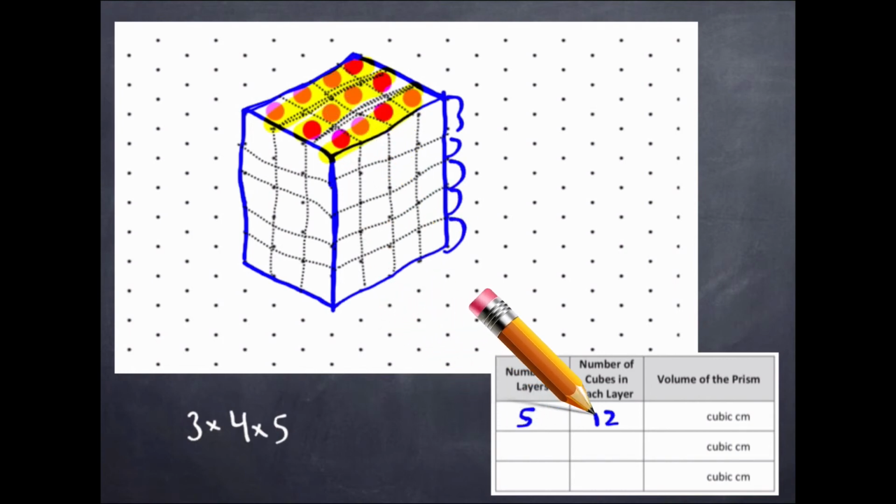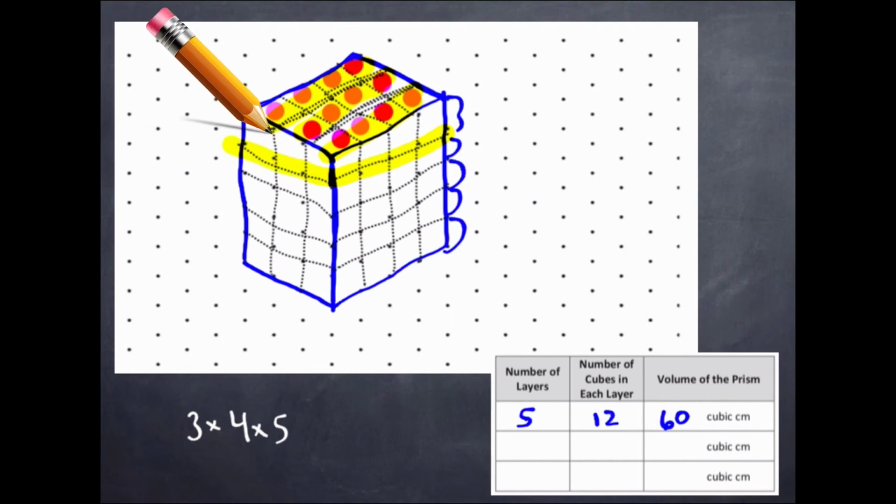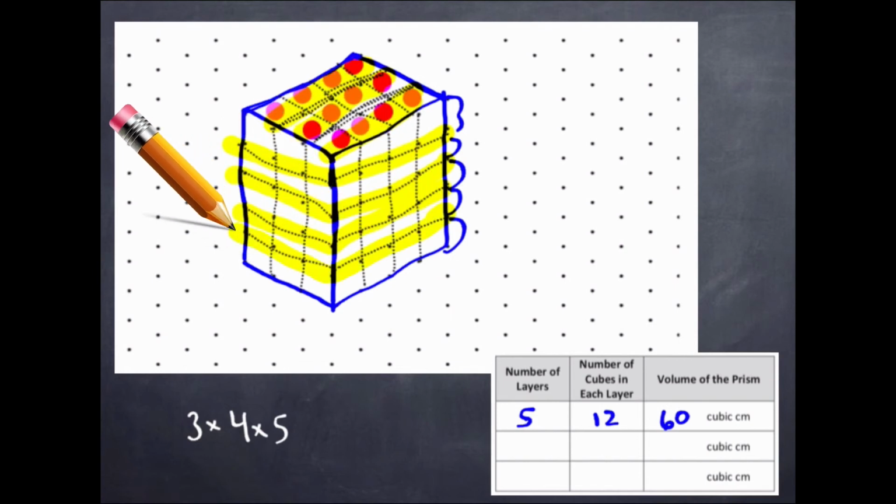We would have 5 layers with 12 in each layer, and 5 times 12 would be 60 cubic centimeters. So that's if we split it this way, taking this layer here, and this layer here. 5 layers, 12 cubes in each layer. That would get us 60. So that's one way we could do it.